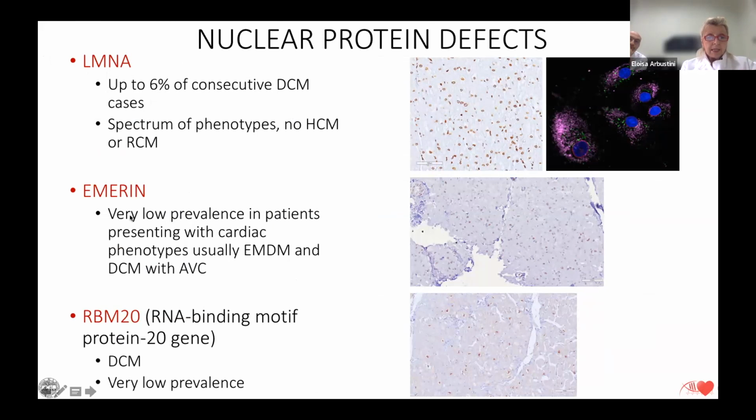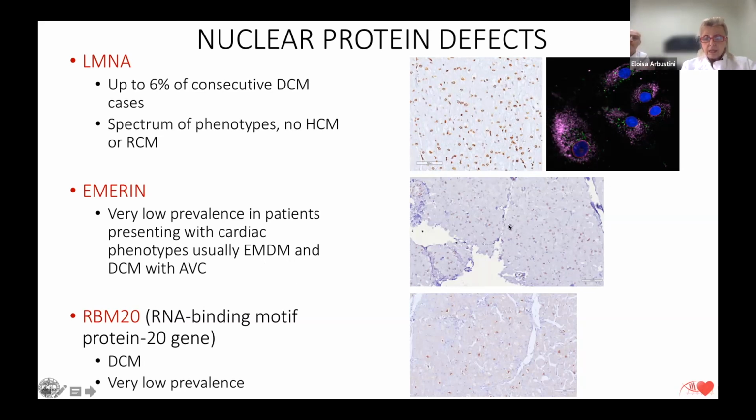Emerin is a protein associated with X-linked Emery-Dreifuss muscular dystrophy, but has a very low prevalence in patients presenting with cardiac phenotypes. These patients are usually Emery-Dreifuss patients, and they may also show dilated cardiomyopathy with atrioventricular conduction defect.